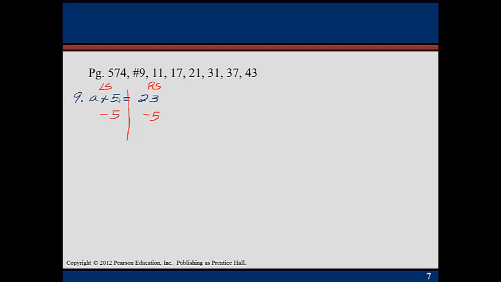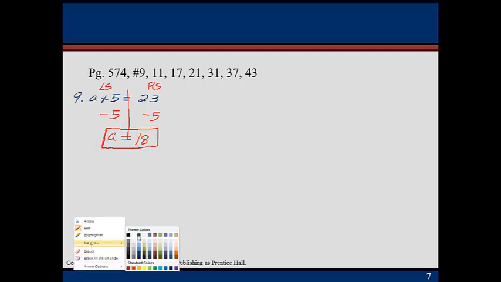And subtract 5. On the left side, I'm left with a, because the 5 minus 5, that cancels out. So I have a equals, and then do 23 minus 5, and we get 18. I know I'm finished when I see a by itself on the left side of the equation. So the answer is a equals 18.